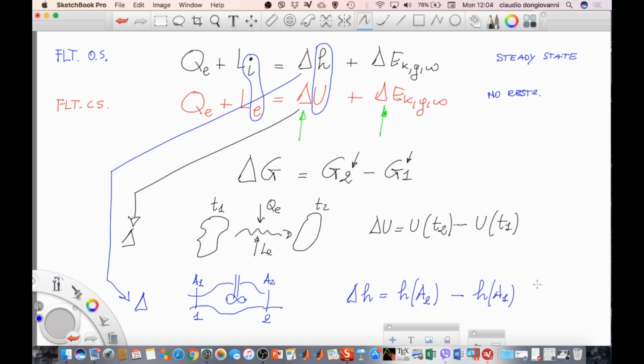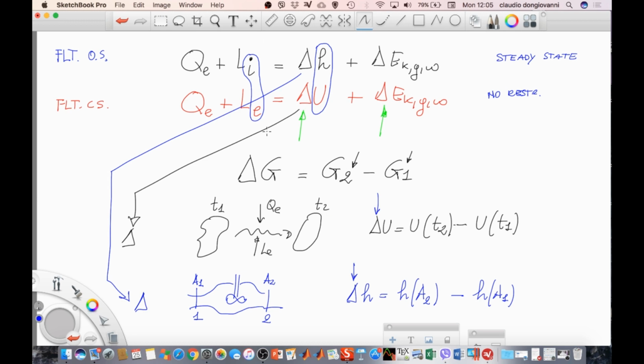This delta refers to the position, inlet and outlet. This delta refers to time, end and beginning. So they are really similar, but really different. The approach is totally different. Tomorrow we will do some exercises and we will analyze something.